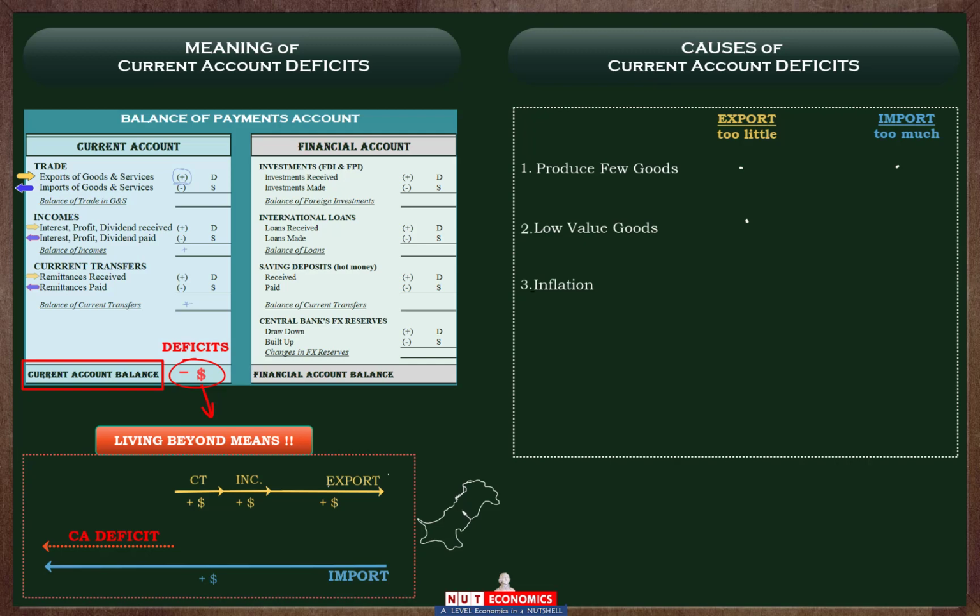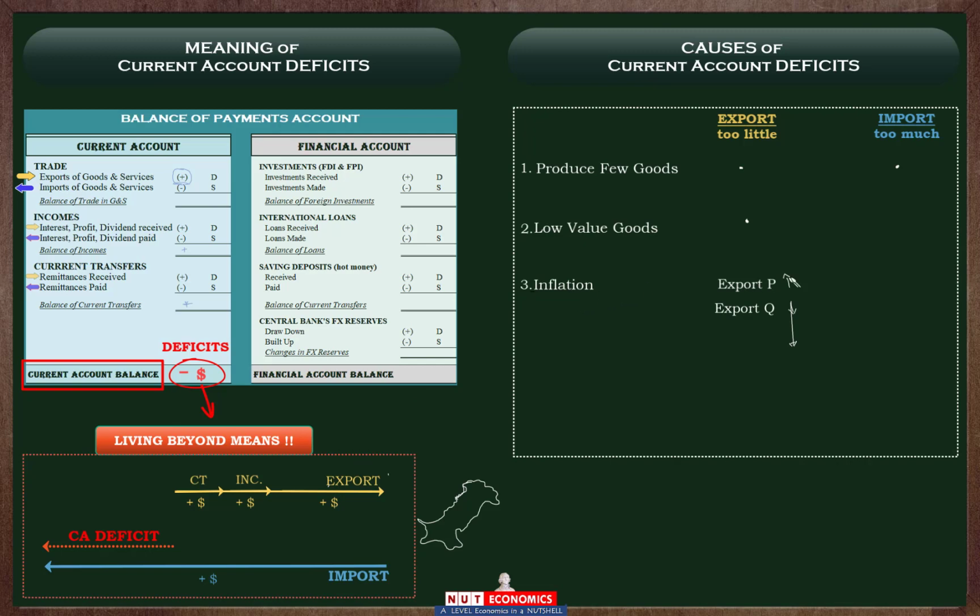And what it means for your current account, you see, if there is a lot of inflation in Pakistan and things become more expensive, then your exports will become expensive and therefore export quantity will fall. Now, if the demand for your exports is elastic, that is, if foreigners start buying much fewer exports as they become expensive, then the export earnings will also fall and your country will get into a current account deficit because of inflation.